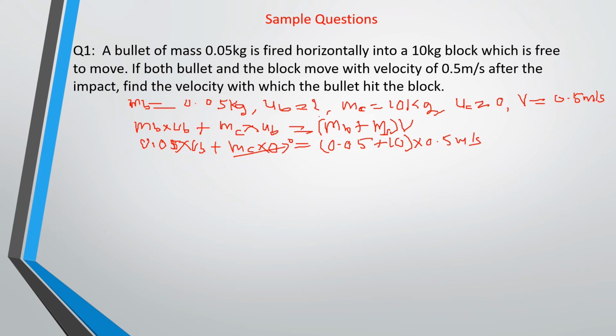So this is what we're looking for, UB. So we have 0.05 UB, velocity of bullet, equals 10 plus 0.05, we have 10.05, times the common velocity, which is 0.5.